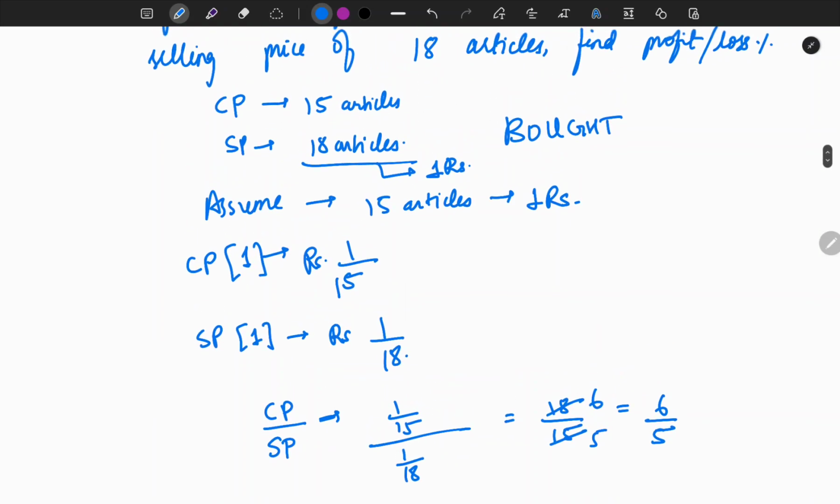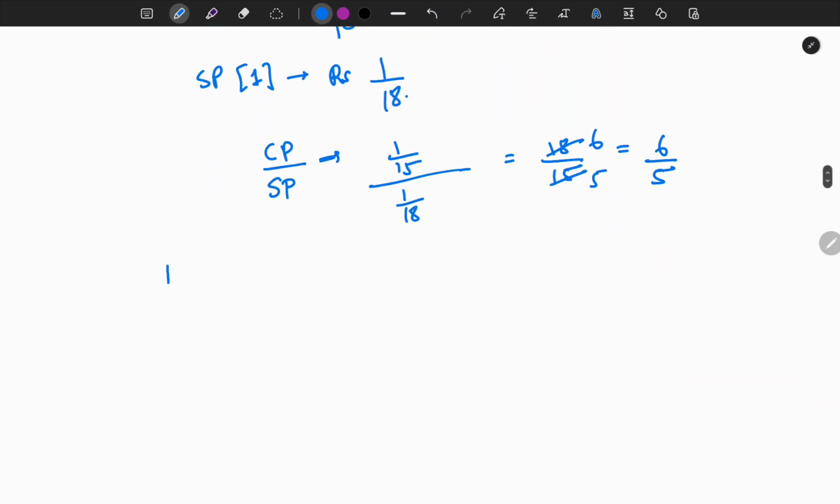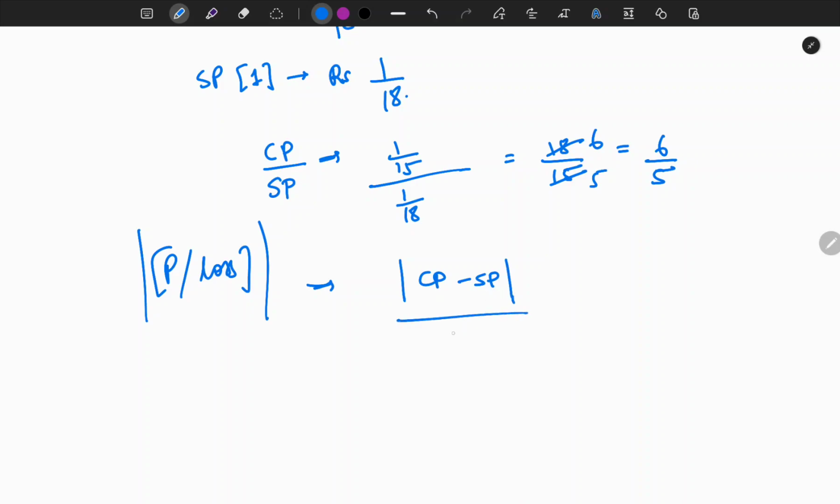We know that the formula for profit or loss, if you just want the magnitude, is the magnitude of (cost price minus selling price) upon cost price into 100.